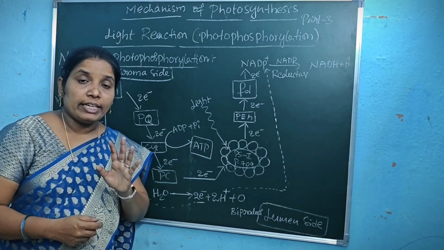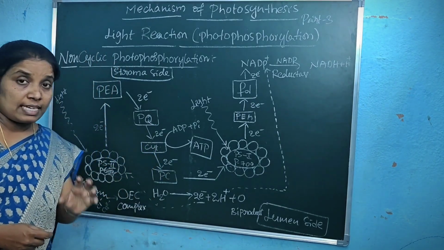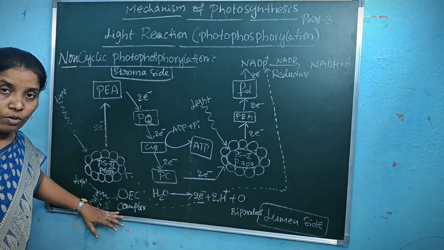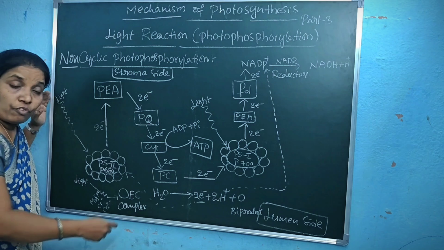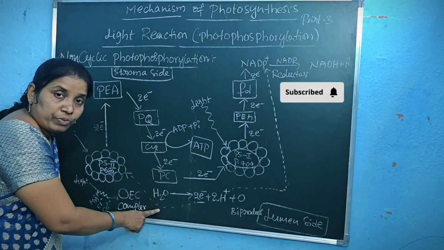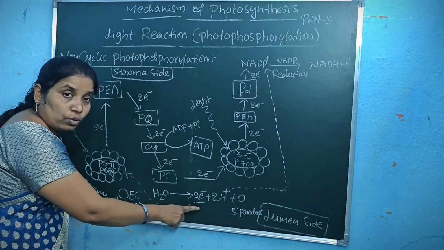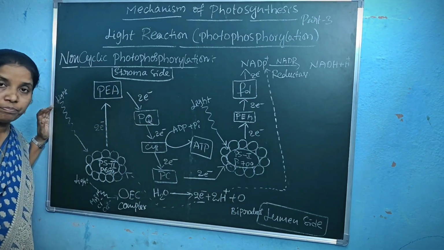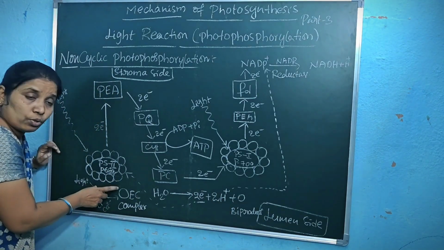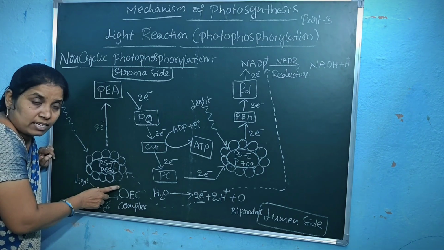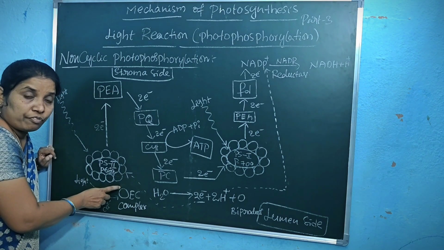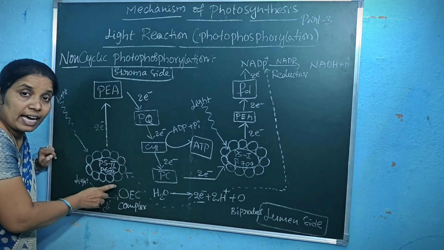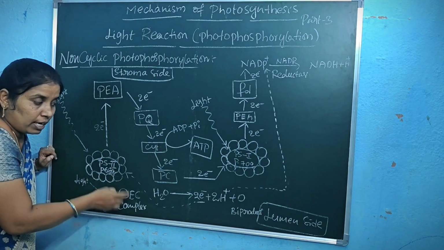Before that you need to know there is an oxygen evolution complex present at the lumen side. When light falls on H2O, it gets split into 2 electrons, 2 protons and 1 nascent oxygen. PS2 is oxidized by the release of 2 electrons, that's why it should be reduced again.